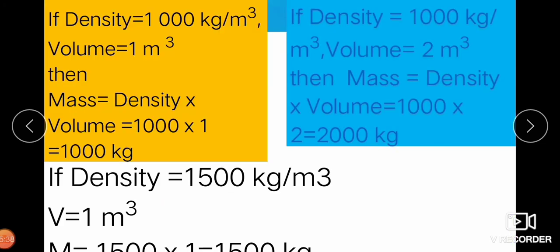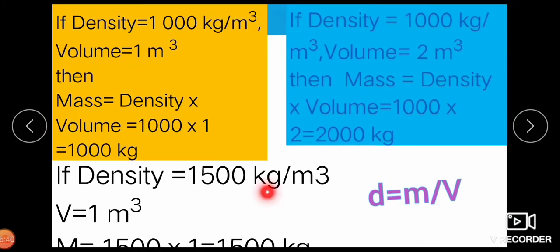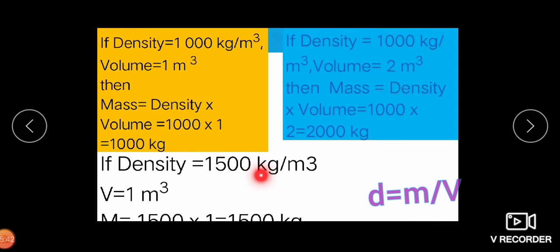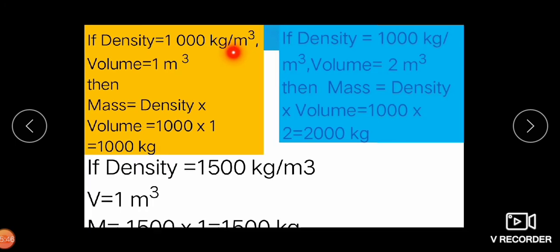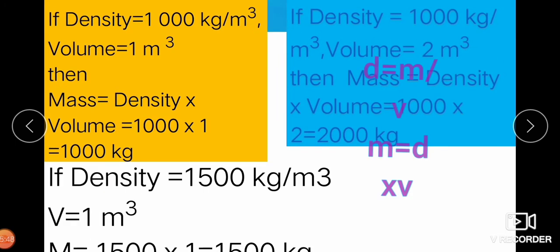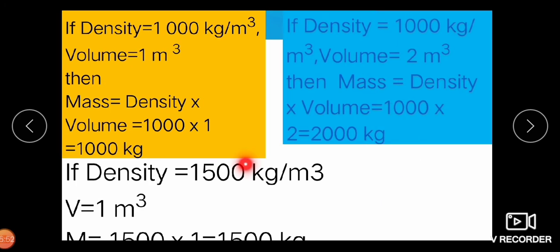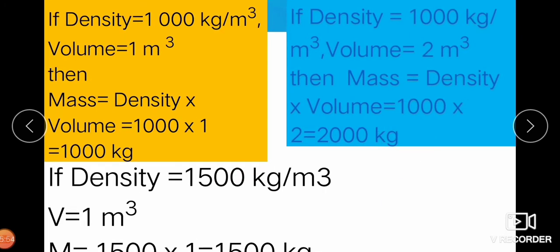Let us solve word problems. Suppose here mass we have to find out and density and volume are given. Then how to find the mass? Density is given by the formula mass upon volume. Hence mass will be equal to density multiplied by volume. Volume is equal to 1 meter cube.